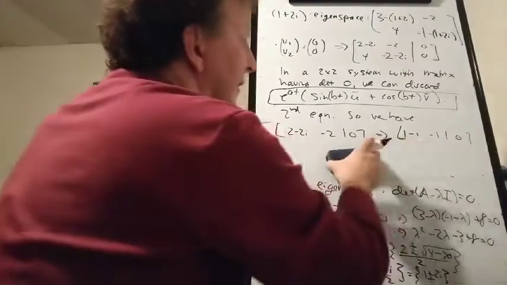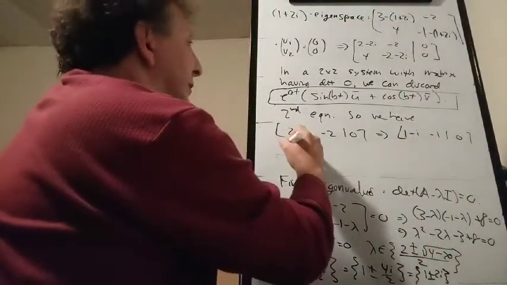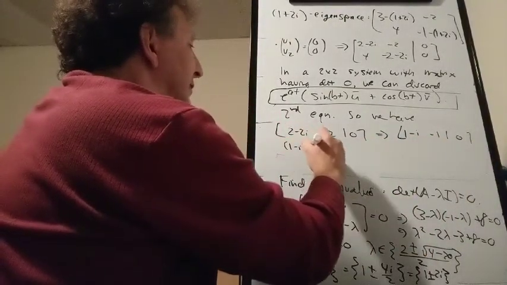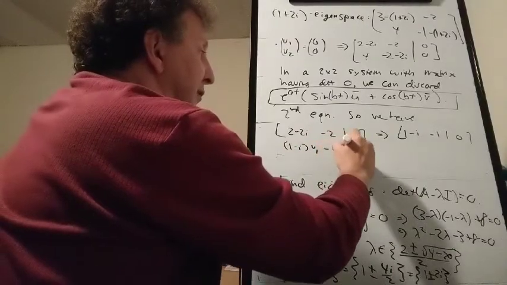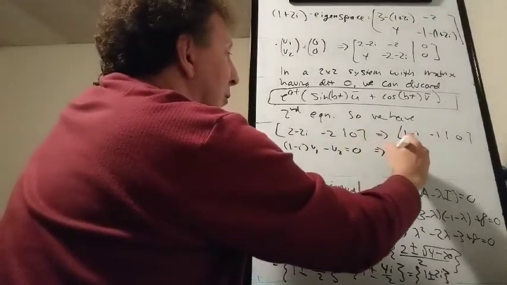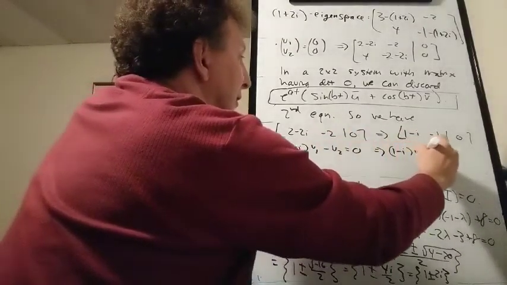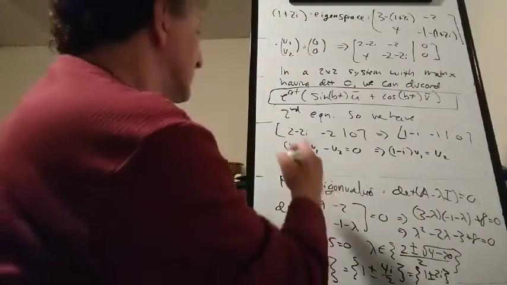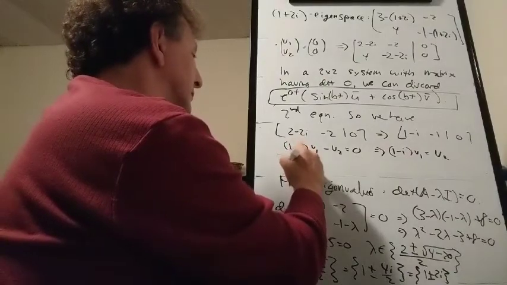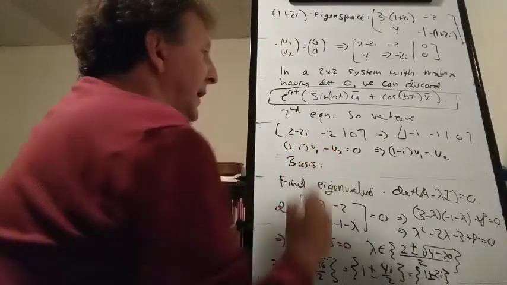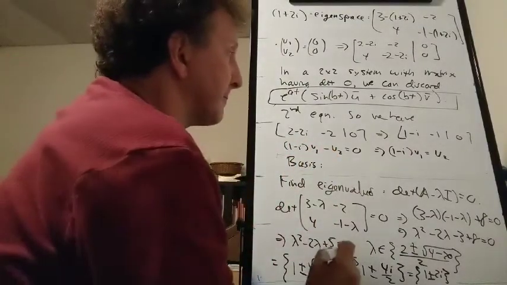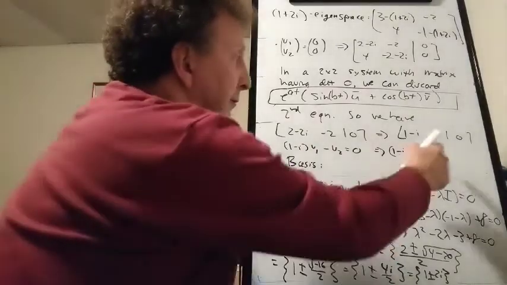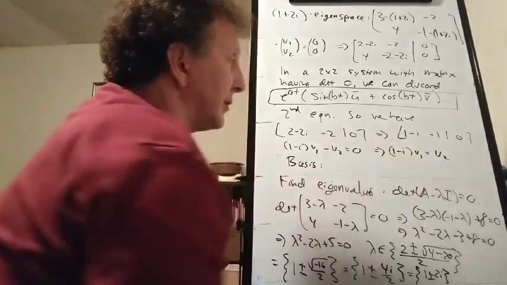So that says that (1 minus i) v1 minus v2 equals 0, or (1 minus i) v1 equals v2. So as a basis, v2 is 1 minus i times whatever v1 is.